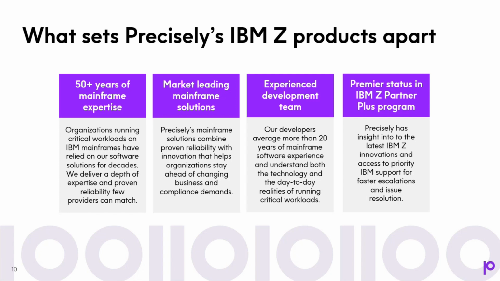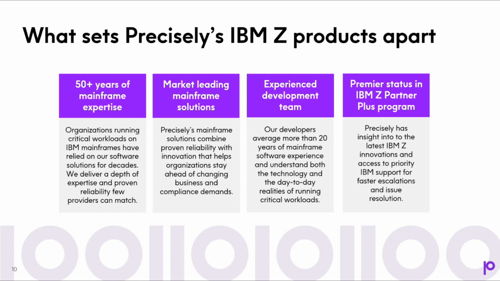And then finally, to touch a little bit upon our IBM partnership, this really gives us visibility into what's coming from IBM and access to support when things need to move really quickly. So, from a customer perspective, what that really means is you're not operating in isolation, not in a silo. There's alignment with the broader IBM Z ecosystem, which helps drastically reduce risk even further.